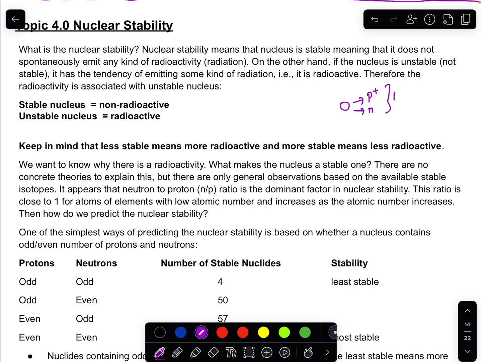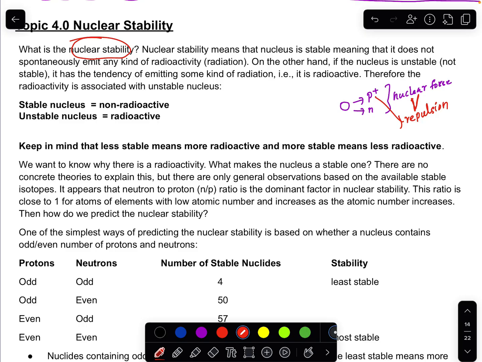There is a nuclear force existing between these nucleons. At the same time there is repulsion between positive protons. We know that same charges always repel. So the nuclear force must be greater than the repulsion to get stability.